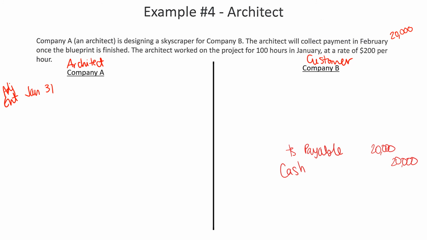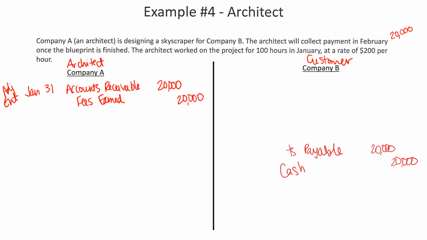So since they anticipate receiving that money later, they will debit accounts receivable and they will credit fees earned. Remember, that's the revenue account for a service business. And that amount is $20,000.